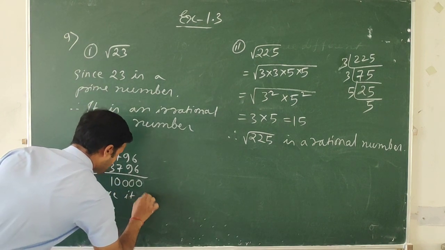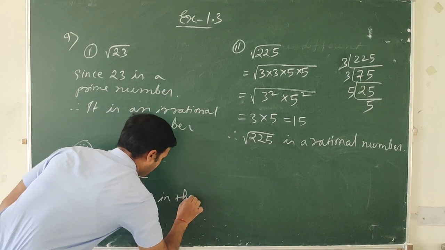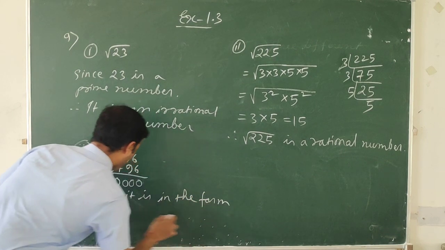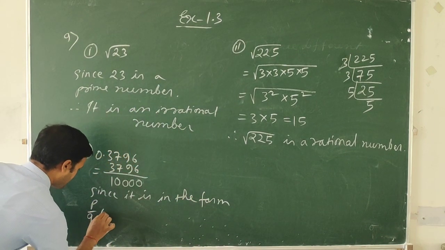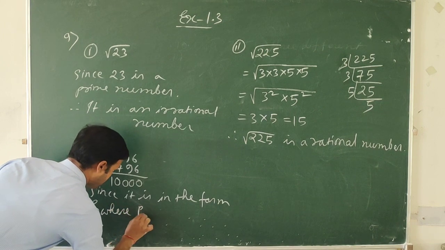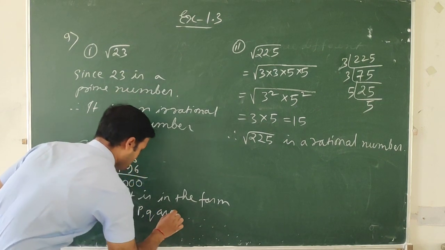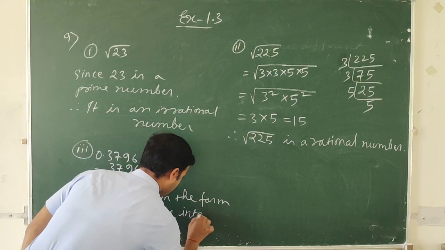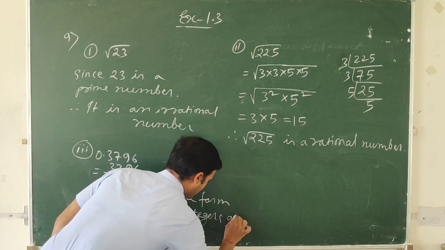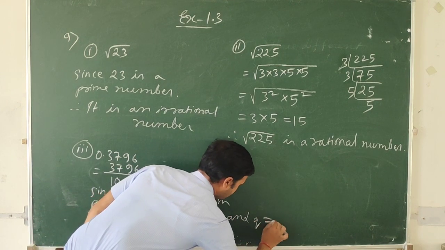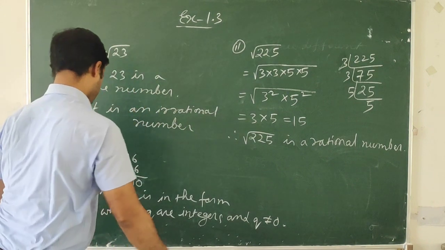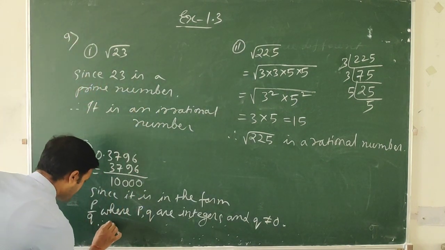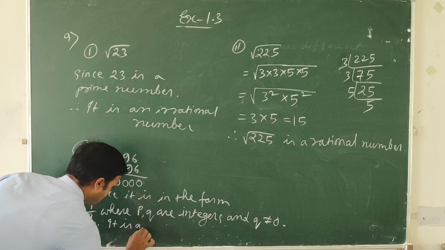It is in the form p by q, where q is not equal to 0. Therefore, it is a rational number.